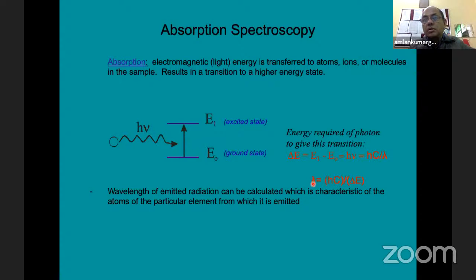That is because the wavelength of light that is emitted by sodium when it comes down from the excited state to the ground state is in the region where it gives yellow color. So that is the importance of this equation. Wavelength of emitted radiation is inversely proportional to the change in energy of the ground and excited state.